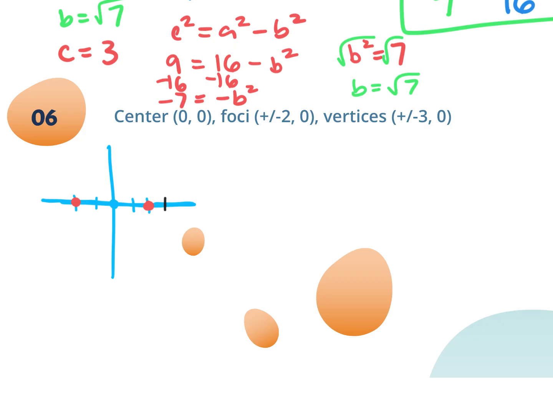So I'm going to go to the right 3 and to the left 3, stay at 0 there. So if our foci and our vertices go horizontally, is the a going to be under the x or under the y? It'll be under the x. So we have x squared over a squared plus y squared over b squared equals 1. It's always going to be equal to 1.